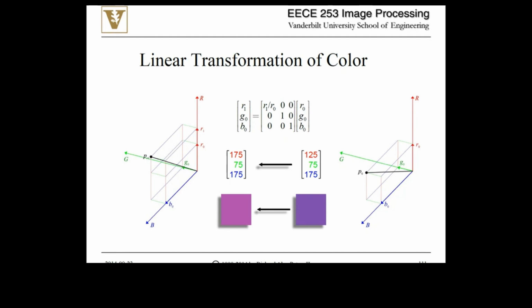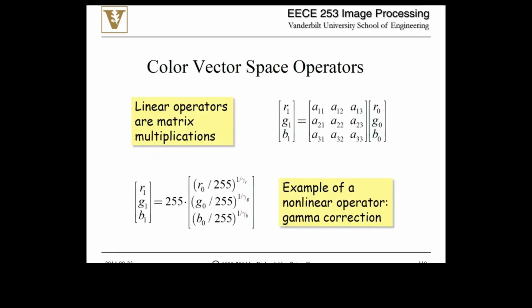What we are doing is, in the RGB space, you are taking this vector that was the original color.